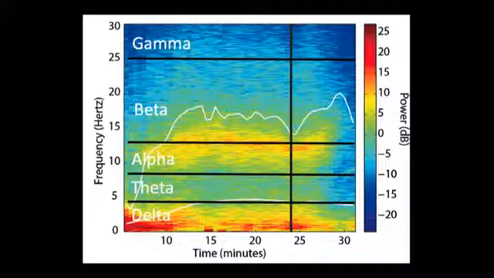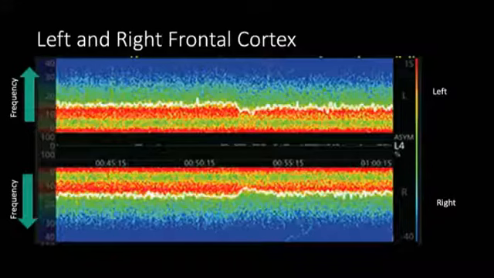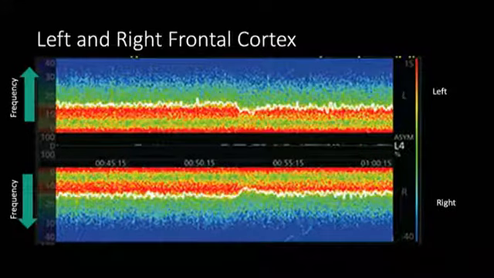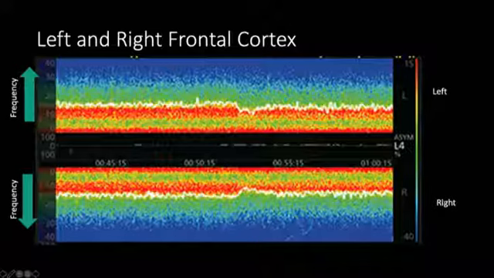Some interesting things about this spectral display is that different drugs look differently on this. That's a nuance that folks have been able to discover looking at different drugs. They also vary by age. They're typically presented as two spectral displays, one for the left side and one for the right side, and they're flipped.